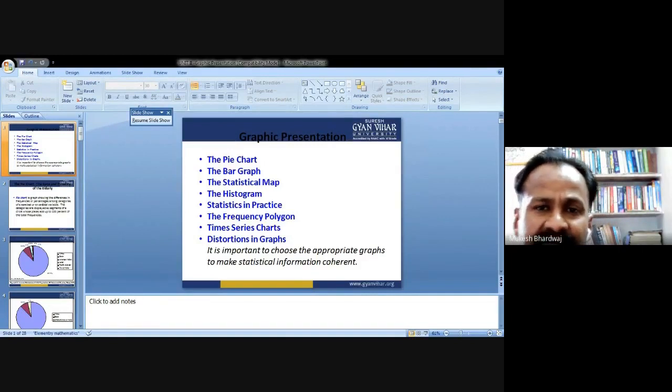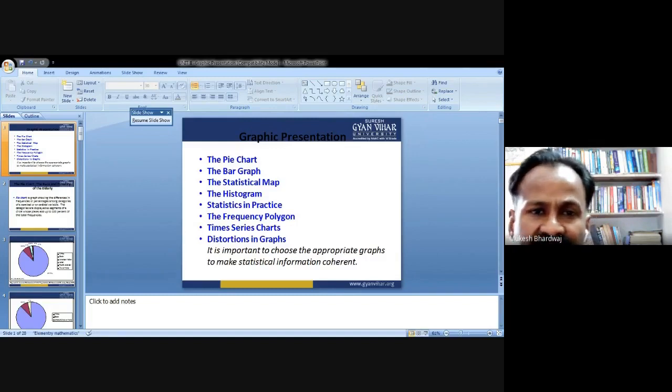The statistical map, again, the next method, that is statistical map. The geographical distribution of the elderly, we can display dramatic geographical changes in American society by using a statistical map. Maps are especially useful for describing geographical variations in variables such as population distribution, voting patterns, crime rates, or labor force participation.